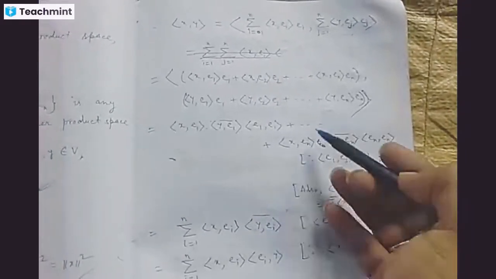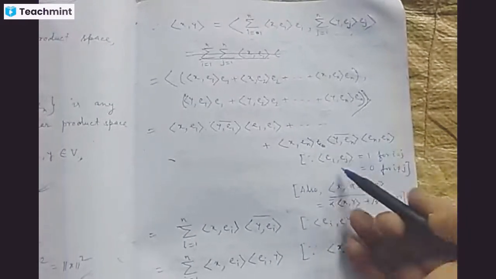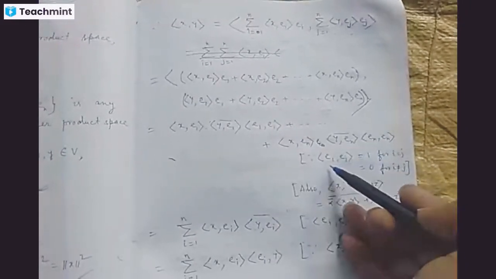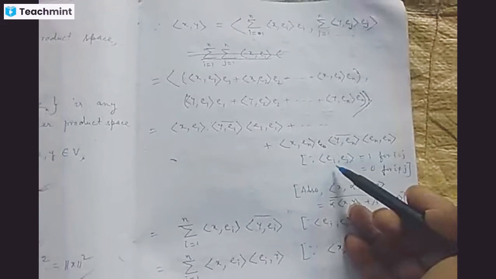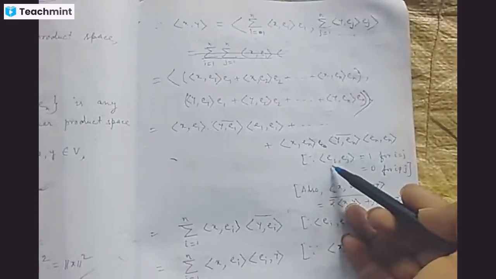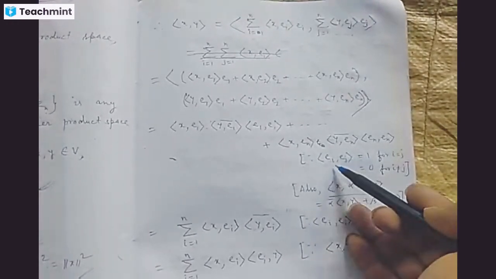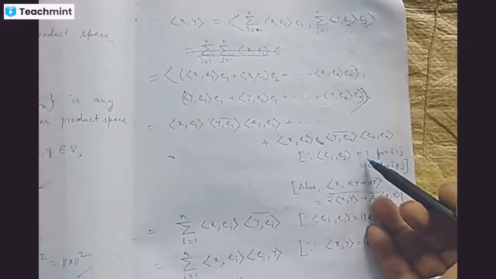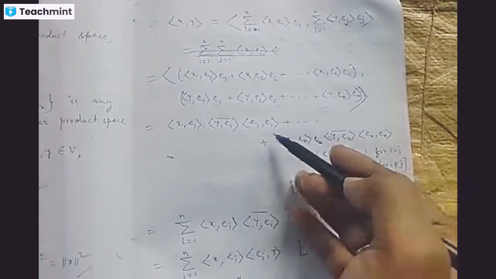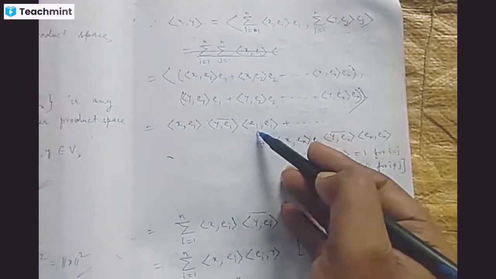So here other elements will be cancelled because this is an orthonormal set. All elements are related to S. So the inner product of e_i and e_j is equal to 1 if i is equal to j. So i equal to j means 1 1, 2 2, 3 3.